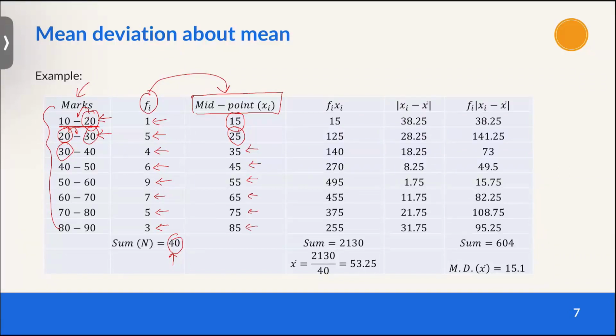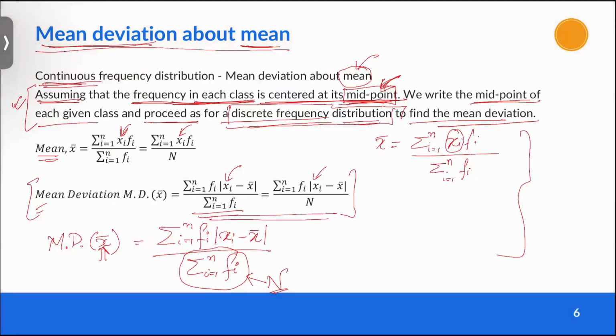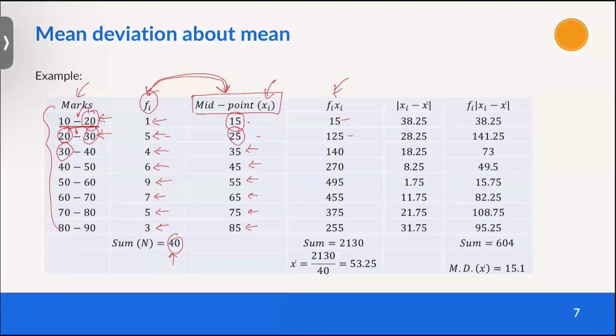Now we'll proceed as usual. We calculated fi times xi. So we'll multiply 1 into 15, which is 15, 5 into 25, 125, and so on. So we multiply fi and xi, where xi is the midpoint. So go to this formula. For calculation of the mean, we need the summation of xi into fi. So we have fi into xi, and we do the sum.